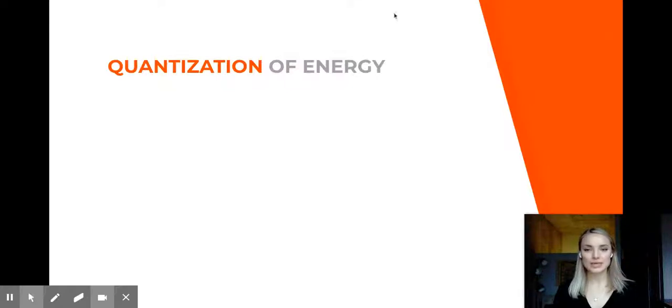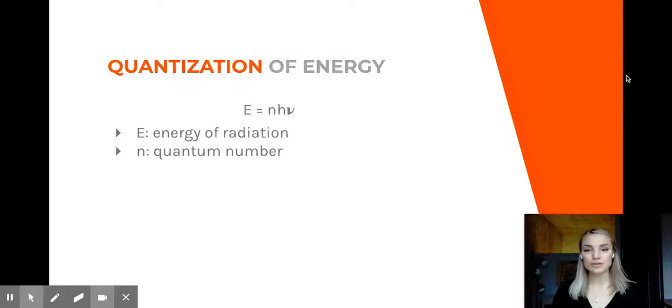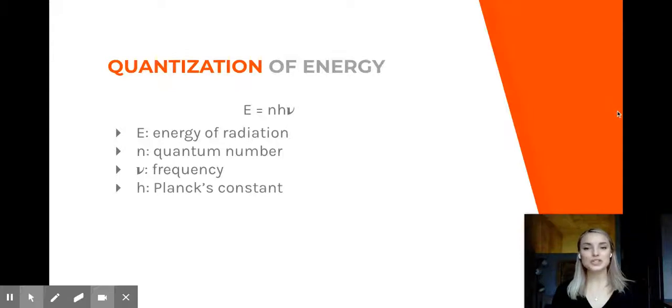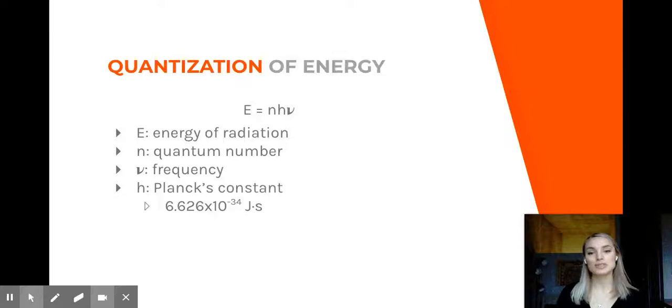And he explained it with this formula: E equals n h nu, where E is the energy of the radiation absorbed or emitted, n is a quantum number or a positive integer, nu, of course, is the frequency, and h is a new constant that we're introducing. h is Planck's constant. It is 6.626 times 10 to the negative 34th joule-seconds.